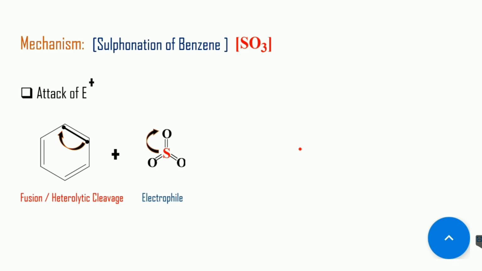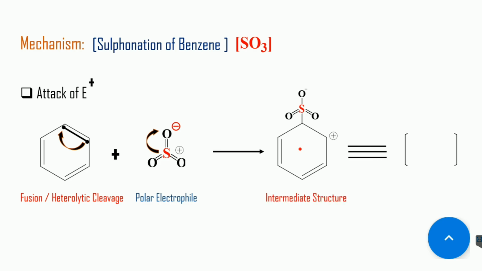Transfer of hydrogen to the negative oxygen. So this type of intermediate we get, and also we can draw it like this as a hybrid structure. So that's all about our second step, that is attack of the electrophile.